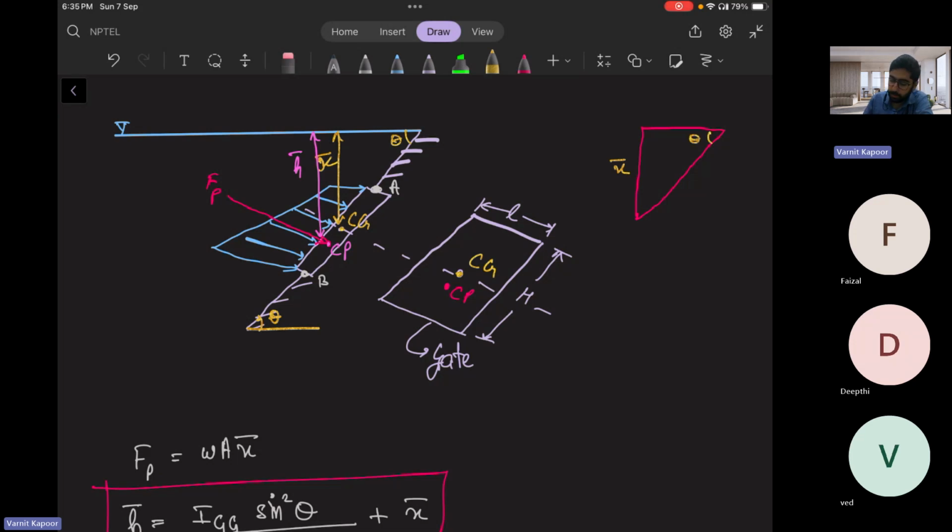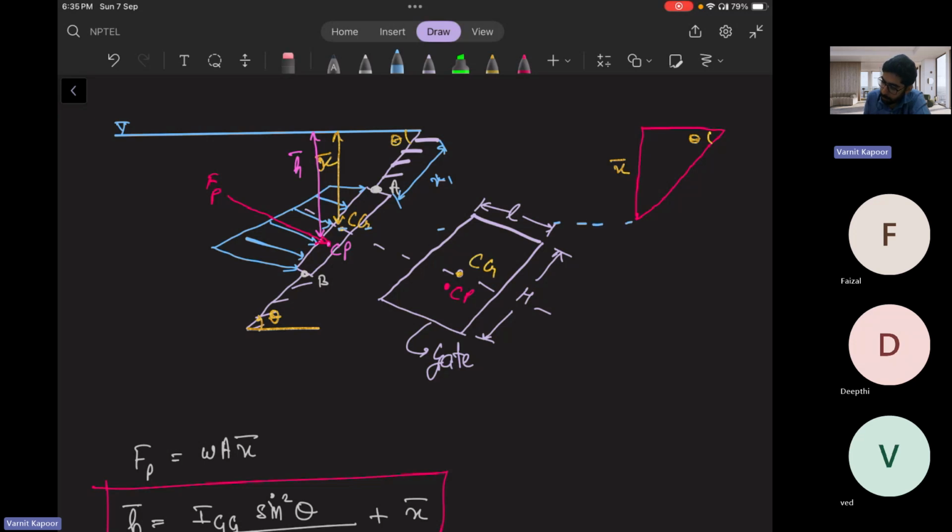Suppose I say this length is X1. Then this will be X1 plus h by 2 till the center of gravity ends.